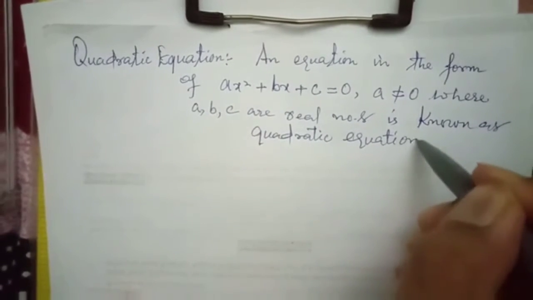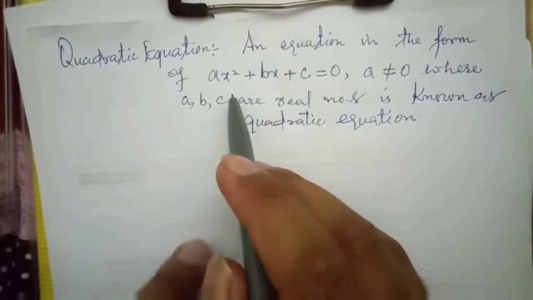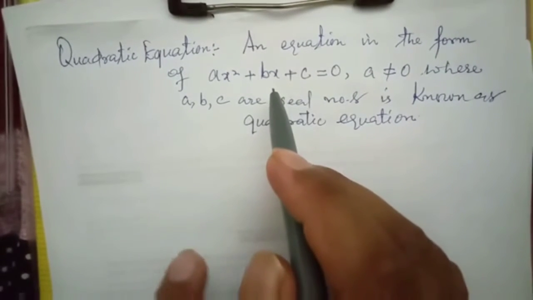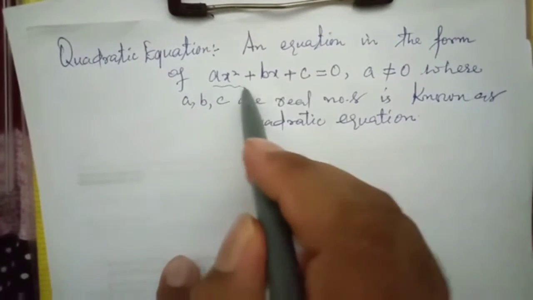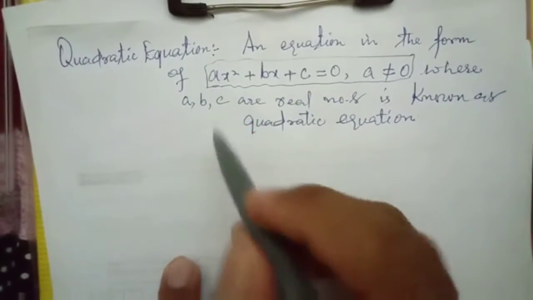Now see here, the general and the standard form of the quadratic equation is ax square plus bx plus c. Any equation that is in this form is known as the quadratic equation.